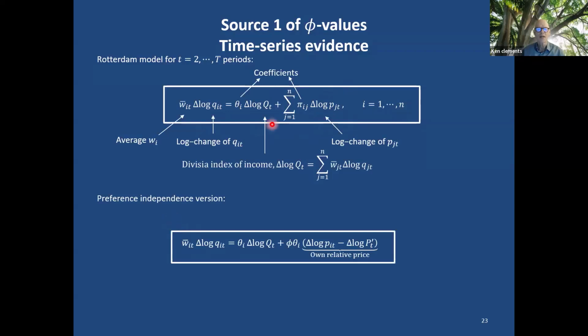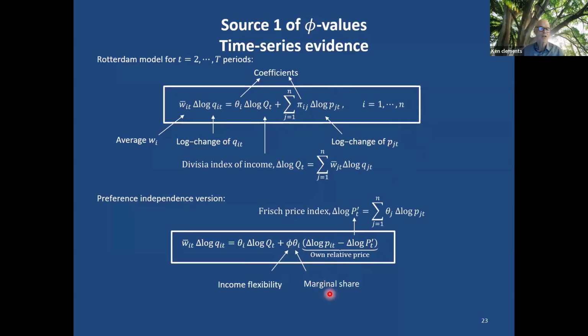Under preference independence, that equation for commodity i simplifies drastically so that only the own relative price appears on the right-hand side rather than all N prices, and the coefficient attached to that own relative price is the income flexibility again, phi, and theta i, which is the marginal share.